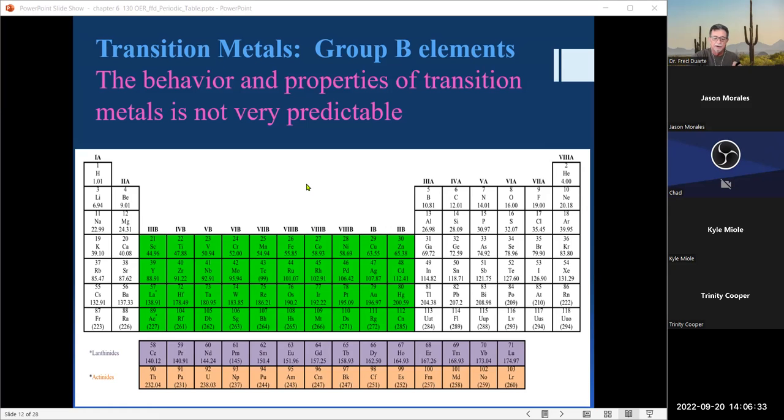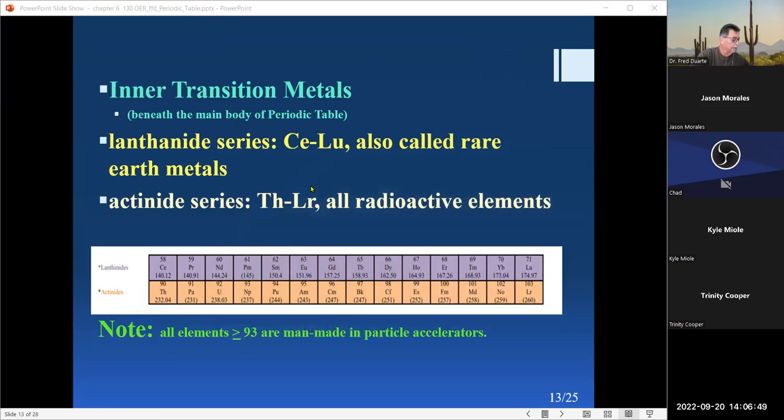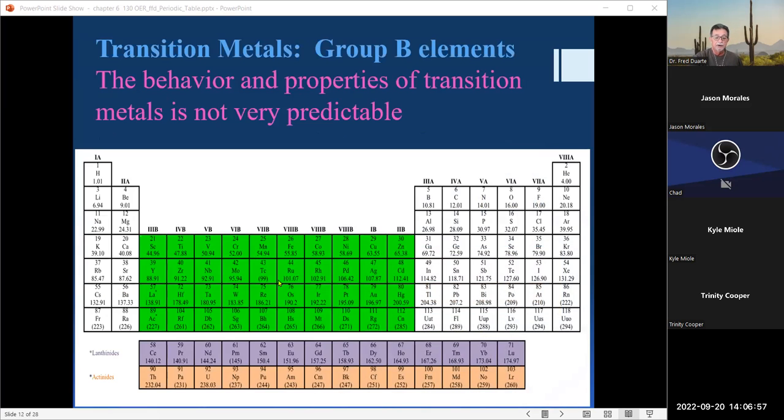These guys in here can vary. For example, there are 2 types of copper. There's a copper plus 1 and a copper plus 2. It depends on losing 1 electron or 2 electrons, and they vary. So those are the transition metals.